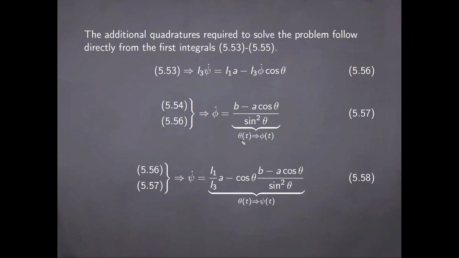So knowing theta as a function of time will automatically provide the angle phi as well. And then using this result together with the equation obtained above with 5.56, we can also express the time derivative of psi as a function of theta. So knowing the nutation angle, we can, at a given moment in time, in principle calculate the precession and spin angles.